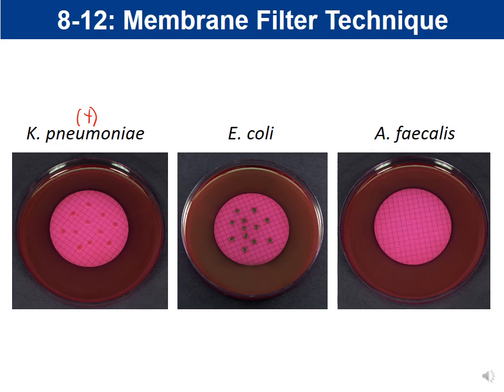It darkened, so it's positive. And lastly, we have Alcaligenes faecalis. If you look closely, you can see these little tiny dots, but the dots are colorless. They only appear light pink because of the endo agar itself. So Alcaligenes faecalis would be negative. It is a gram-negative bacteria, but it's not a coliform.